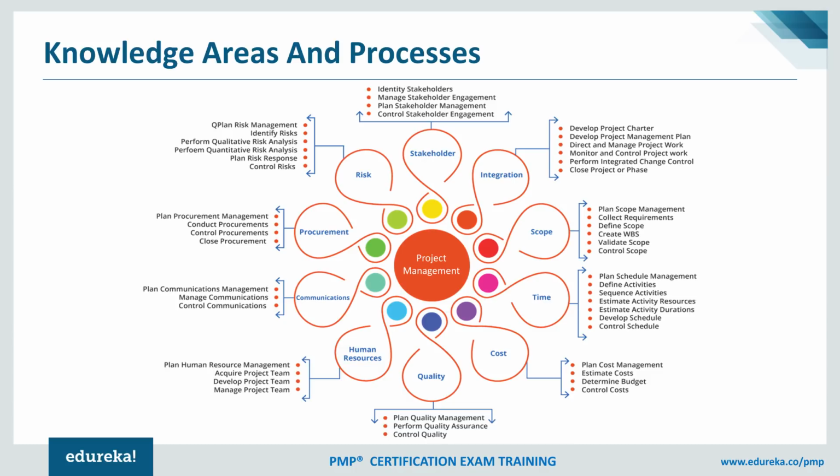And the last but the most important one is the stakeholder management. This is where we capture how are we going to identify stakeholders, right? And how are we going to manage the stakeholders effectively? So different stakeholder management strategies need to be captured over here in terms of stakeholder engagement from the point of view of power and interest, right?